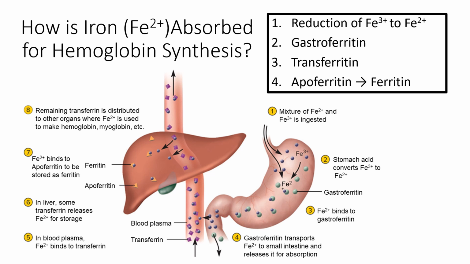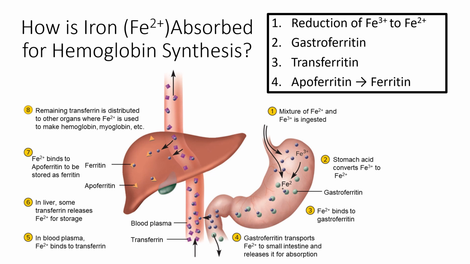So, just to summarize here, we ingest a mixture of iron 2+ and iron 3+. In the stomach, acid reduces all of the iron 3+ to iron 2+, and the iron 2+ is then bound to gastroferritin.